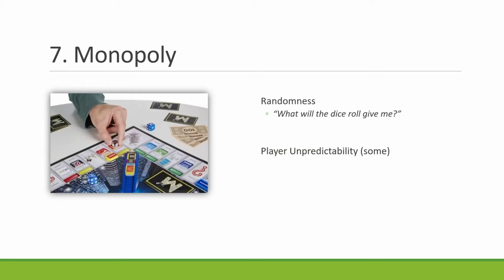A board game like Monopoly, in addition to maybe some hidden information, maybe some player unpredictability, also introduces a classic version of uncertainty, which is randomness. Dice are a huge part of board games, especially a certain type of board games, because they introduce unpredictability and uncertainty, but of a very specific type.